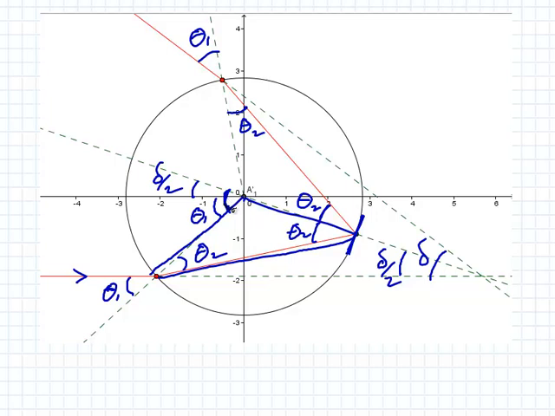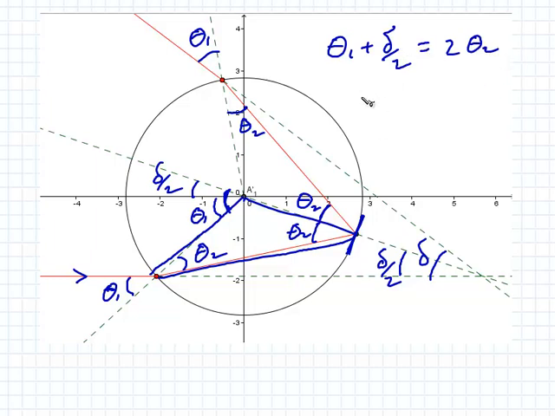So this angle must equal the sum of the two different, depending on your geometry course, this is called the opposite interior angles or the remote interior angles. The two angles that are not this angle that's right next to it. Okay. So this angle here is the sum of these. So theta 1 plus delta over 2 adds up to 2 times theta 2.